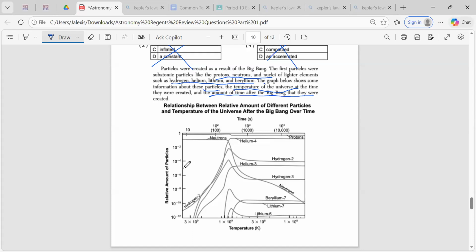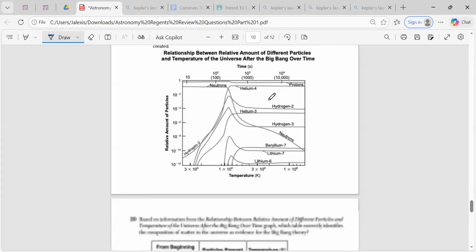So it's showing me three pieces of information: temperature of the universe at the time they were created, information about these particles, right, which were hydrogen, helium, lithium, beryllium, right, protons, neutrons, nuclei, and the amount of time after the Big Bang that they were created.